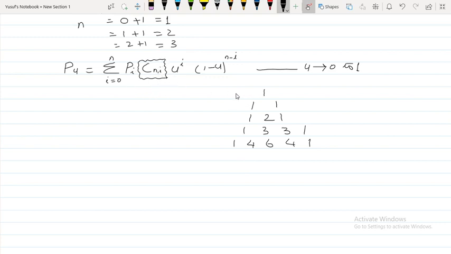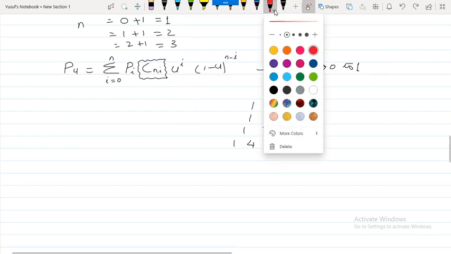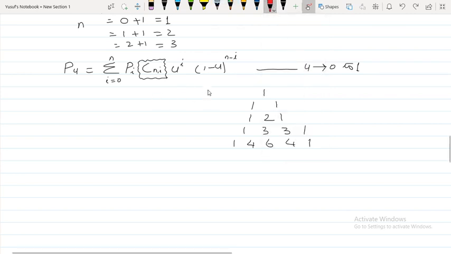So one of the simplest ways to construct the Pascal triangle: the first row is 11 raised to 0, the second row will be 11 raised to 1.